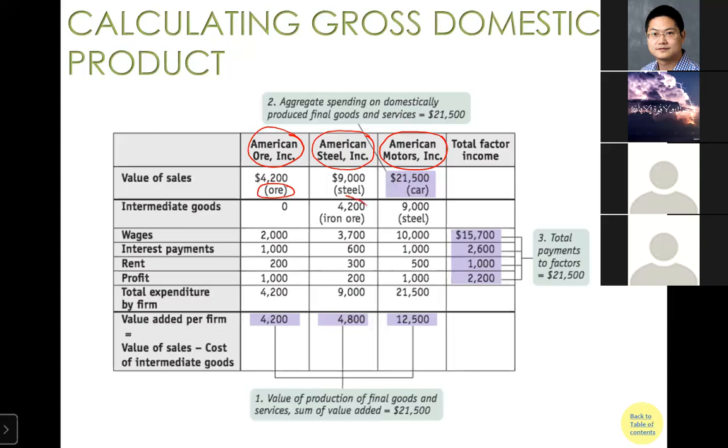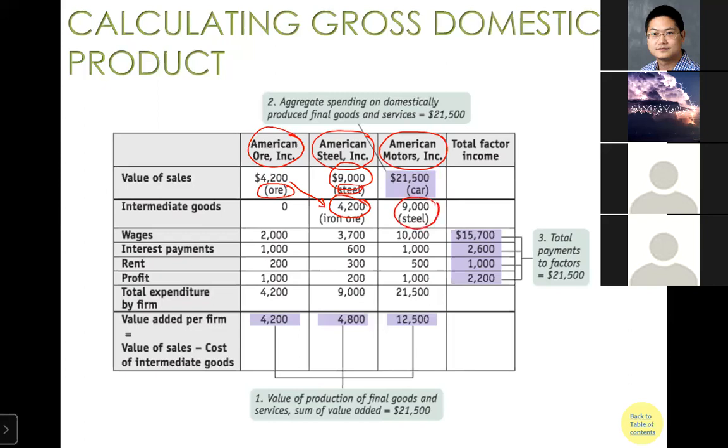This 4,200 will be purchased by American Steel. And American Steel will use this raw material, iron ore, to produce steel. So American Steel produces $9,000 value of steel. So this steel eventually will be purchased by American Motors.